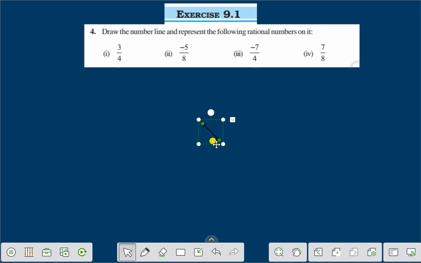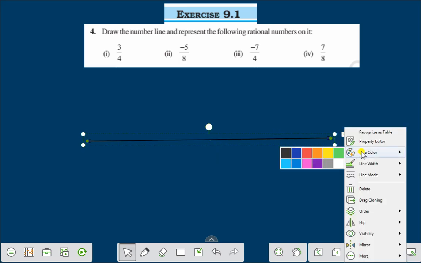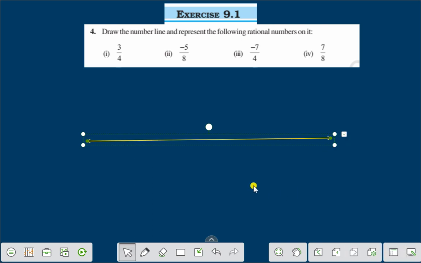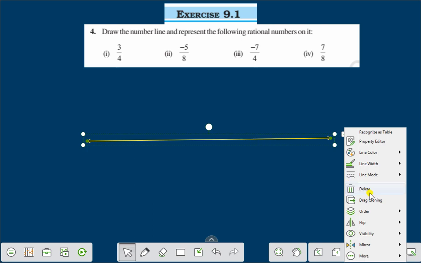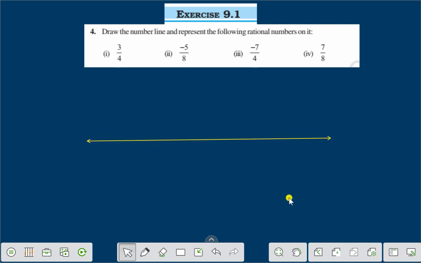Question number 1 we are doing first. Maybe change the color, that is into yellow. Right?